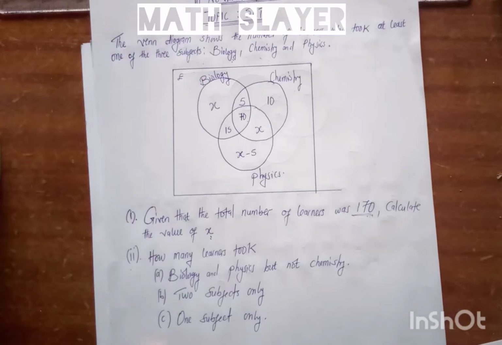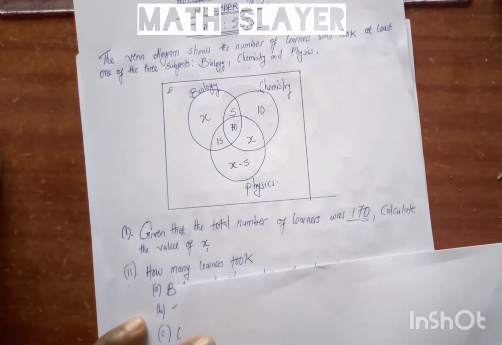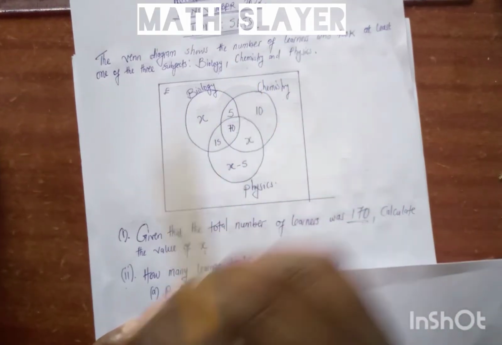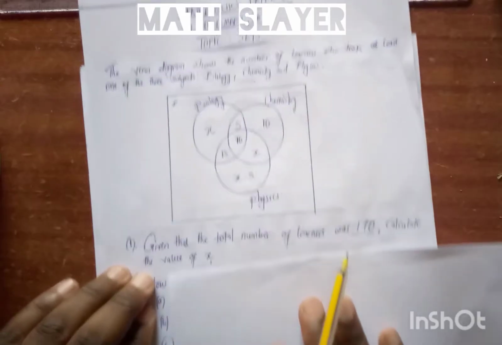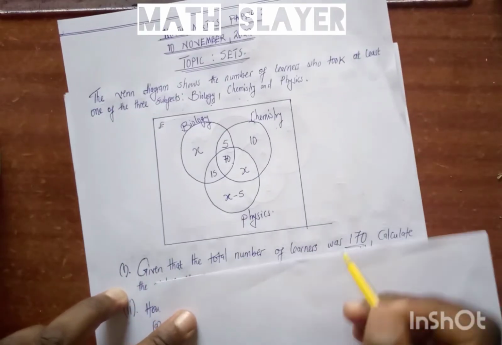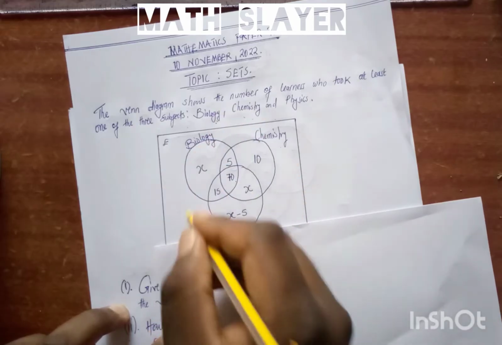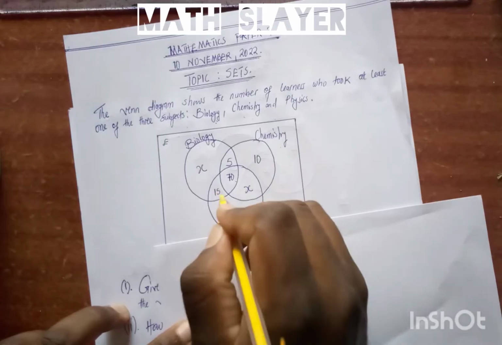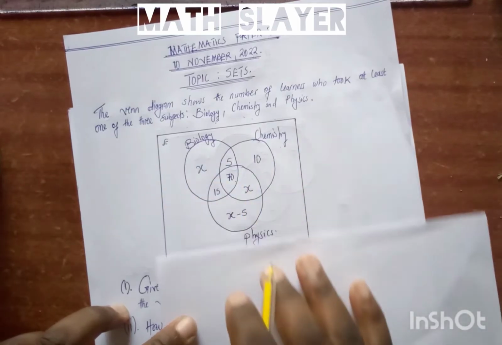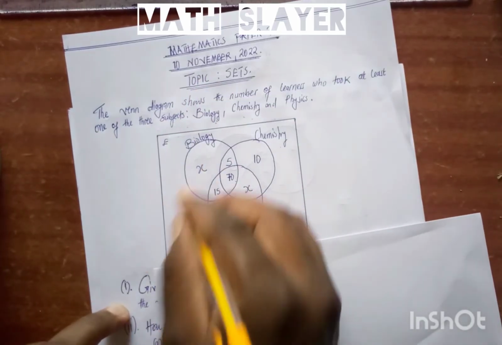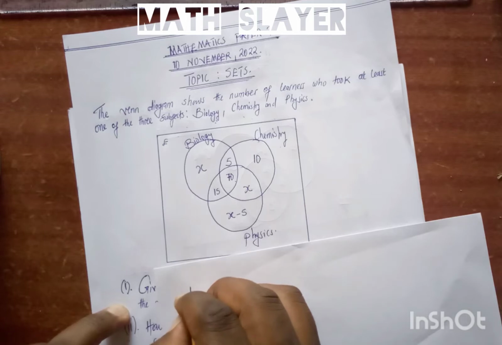In the previous video, I explained how to calculate the total number of learners in a given set. For us to find the total number of learners, we need to add the number of learners in each and every set, including those which are outside the given sets. So this is question 1.